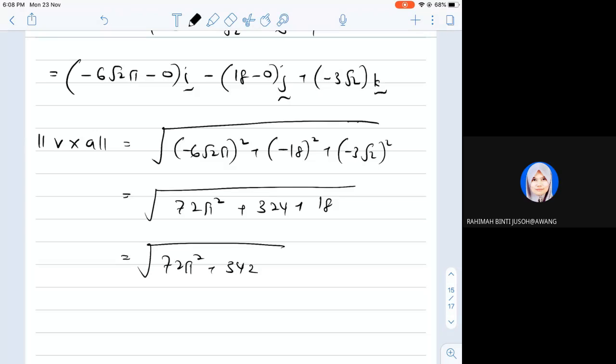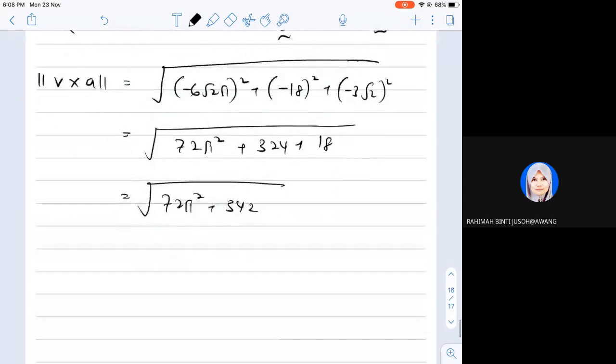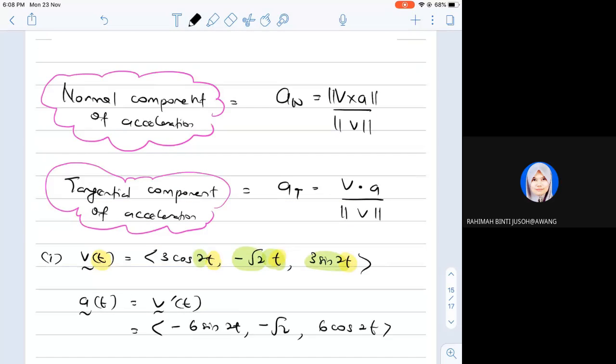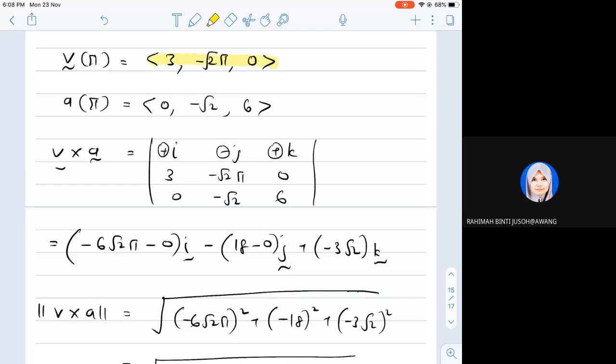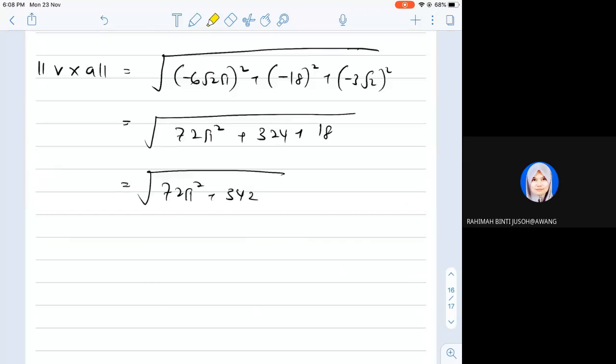Okay. So now, what's the formula? The formula has the speed. The magnitude of V means speed. So we need to find the magnitude of V. So this is your V. The magnitude of V is the square root of 3 squared plus negative square root 2 pi squared plus 0 squared.